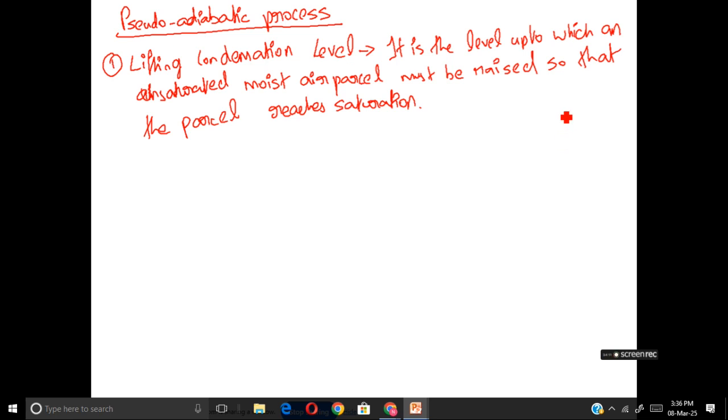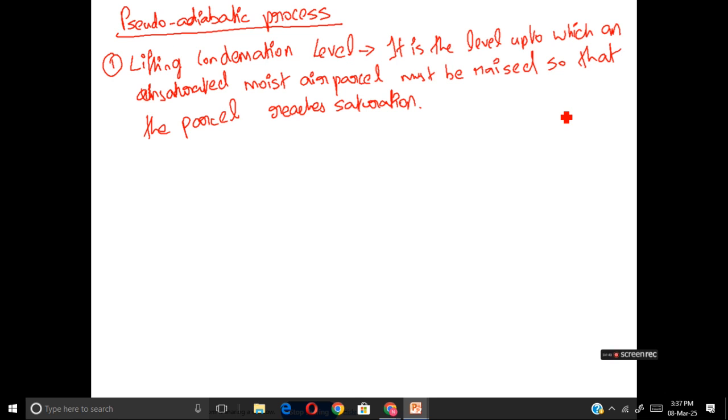As we saw earlier, there are different temperatures in each layer at which the parcel will reach saturation. It was different at each level. Also, as we go up in the atmosphere, the temperature reduces. So one way of reducing the temperature of an air parcel is to lift it.